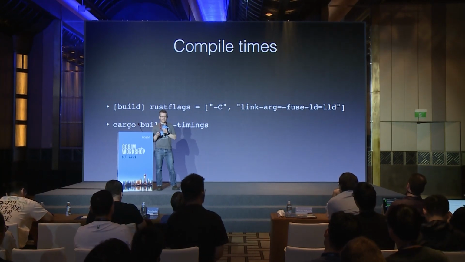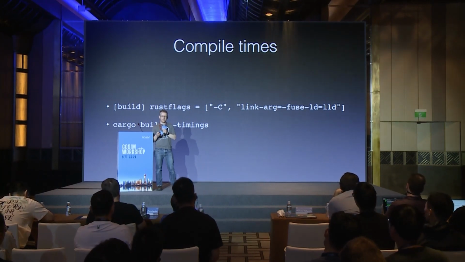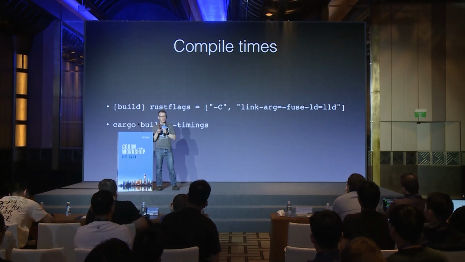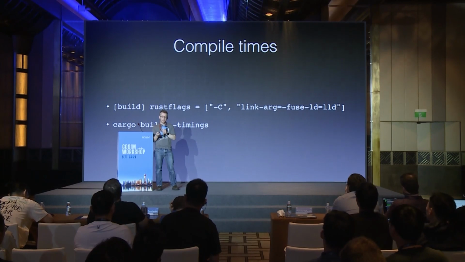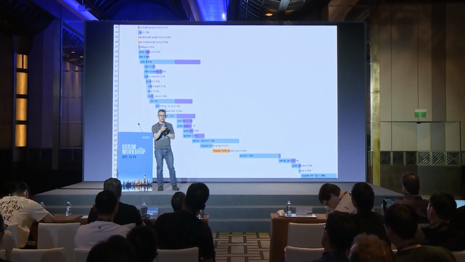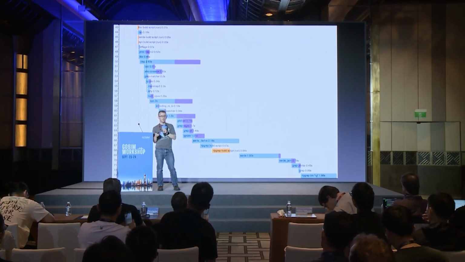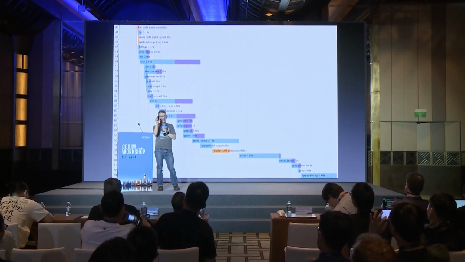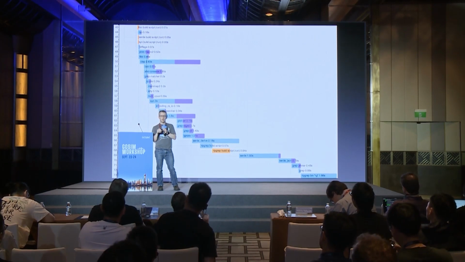Then a more tricky but potentially rewarding thing is if you compile your code with the --timings flag, you will get a graph that looks like this. And this gives you a great deal of information about exactly how your program is being compiled. In this picture, every line is a different crate and thus a different invocation of the compiler.